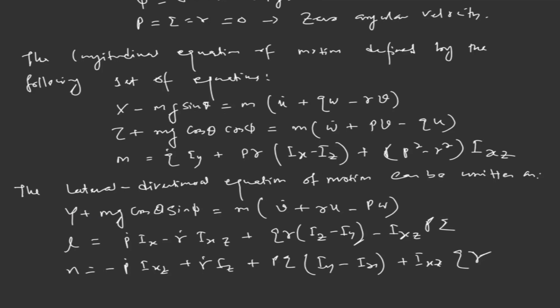So these are the different equations of motion. First we'll start with the longitudinal equation of motion, and we'll find the linear model of the longitudinal motion using the perturbation theory. Once we have a linear model, we can design the controller easily, because in this course we are mainly discussing linear controllers.